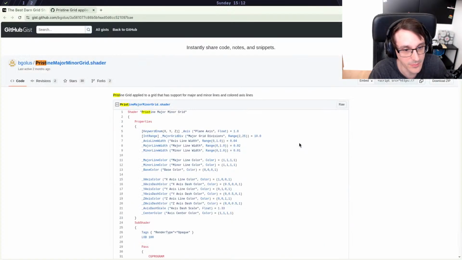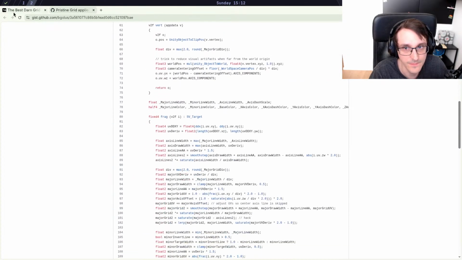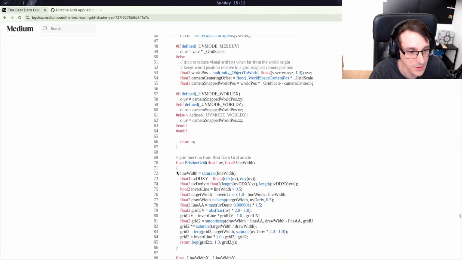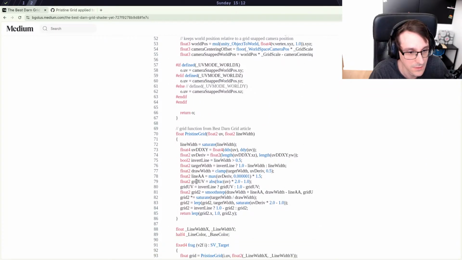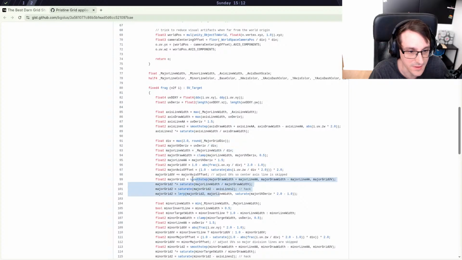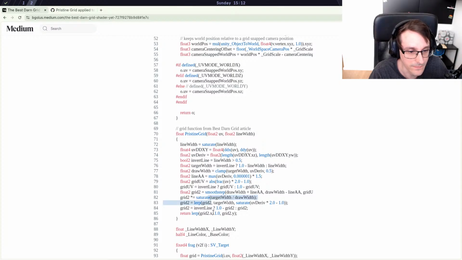So probably we just need to, what is the screen grid done? So for that we will look at some UV. I guess it's this, right? Yeah.